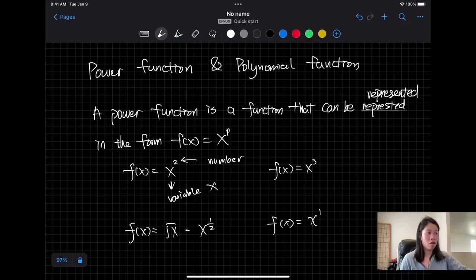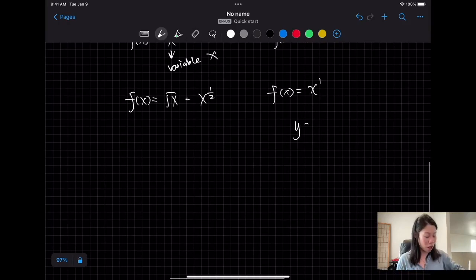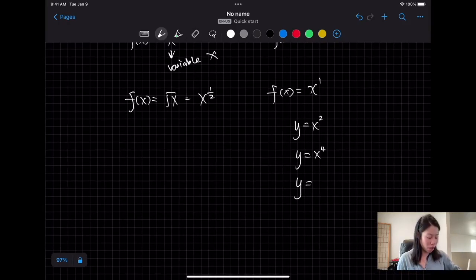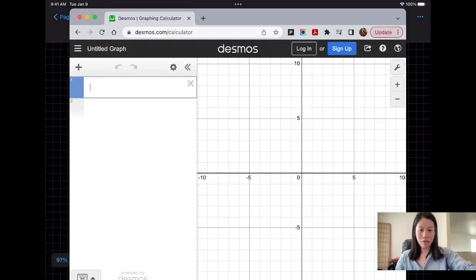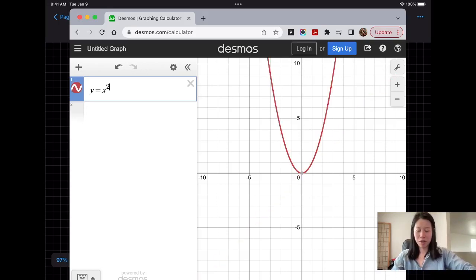All right, so now I'm going to show you a graph. What does y equals x squared, y equals x to the 4th, y equals x to the 6th, and then y equals x to the 12th look like? Now, if you take a look at our graph, y equals x squared looks like a parabola.